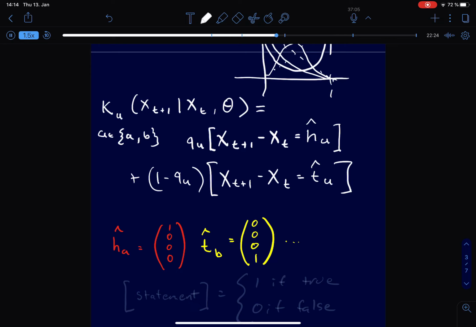That occurs with probability 1 minus q u. And just in case you're not familiar, this thing here, a statement in brackets, is equal to 1 if true, and 0 if false.